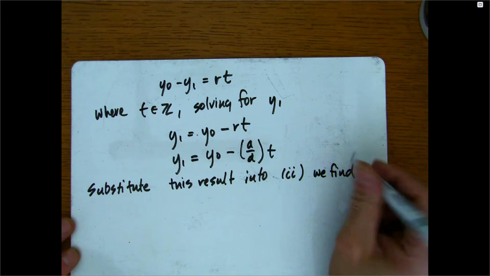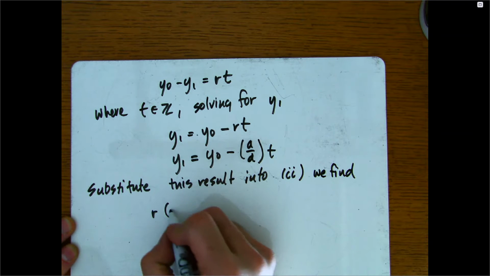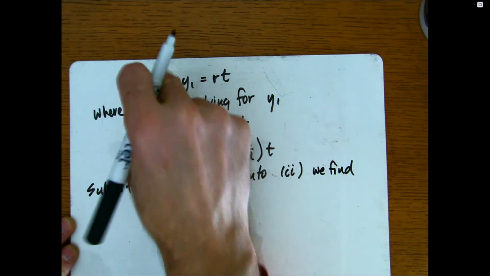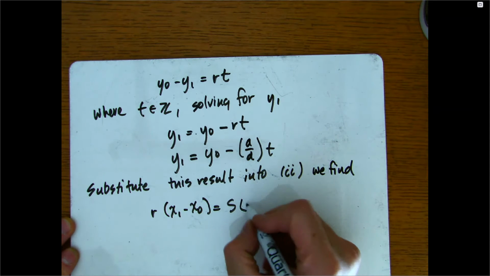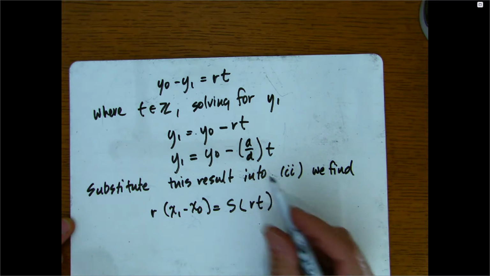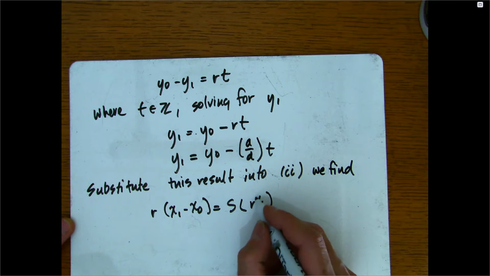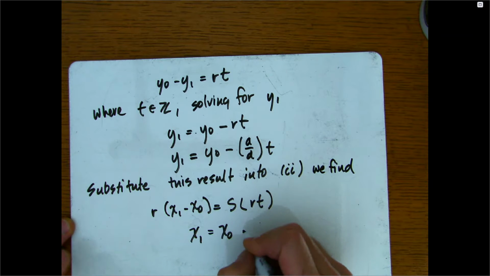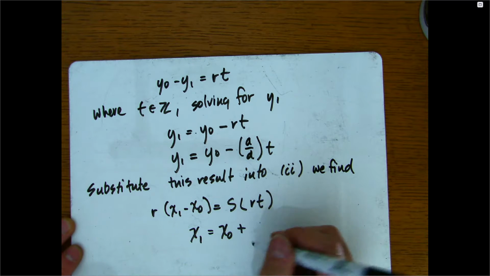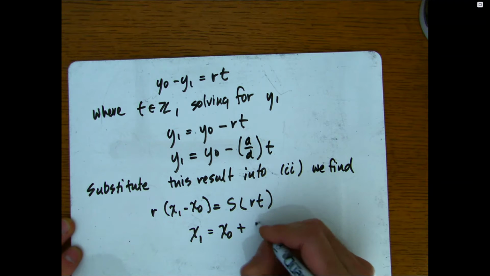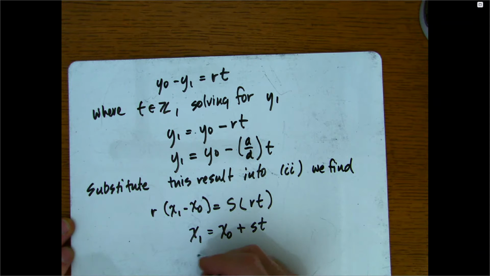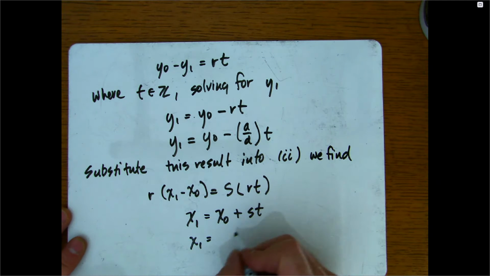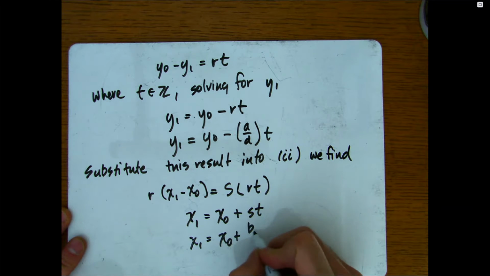Let's just go ahead and do it. It would be R times x1 minus x0 is equal to S times y0 minus y1, which in this case is RT. So I can see that the r's will cancel left and right, and if I solve for x1, dividing through by r, I'll get x1 equals x0 plus st, and solving for s in our previous result, writing it in terms of d's, a's, and b's, it'll be x0 plus b over d times t.